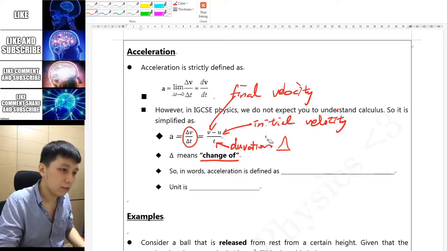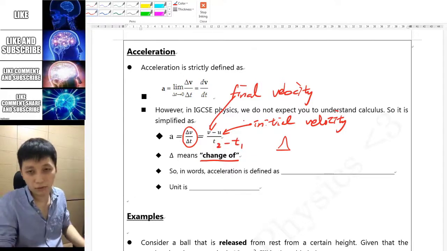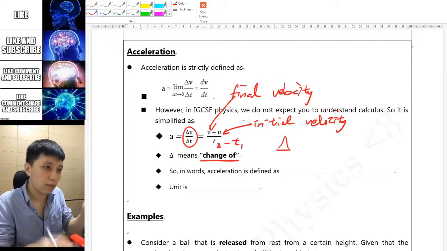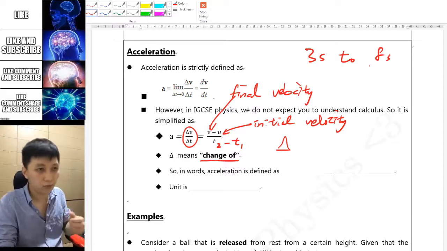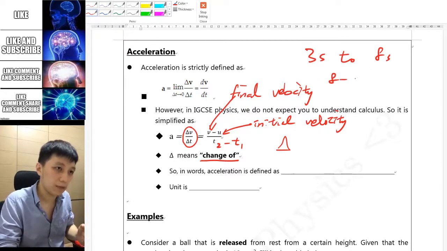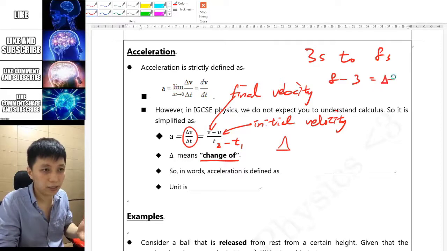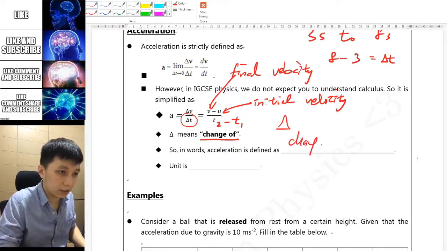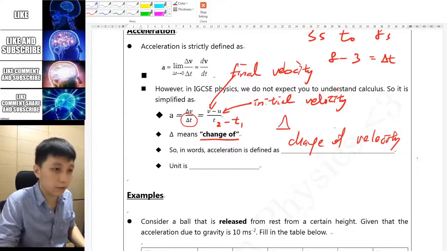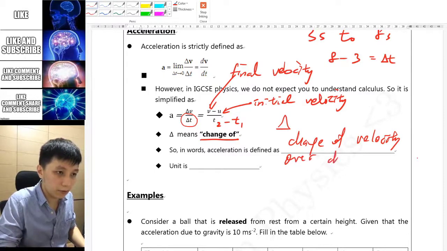Some people would like to put it as T2 minus T1. It's really up to you. Both are fine. If you know it's moving from the 3rd second to the 8th second, for example, then for sure you have to do 8 minus 3 to find out the delta t, which is 5 seconds. For the word formula, you can say acceleration is defined as the change of velocity, not speed by the way, over the change of time.